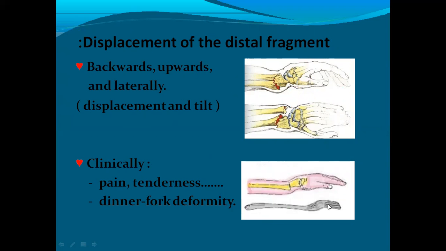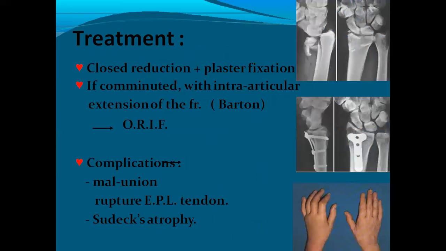It is a very common asked question also: in which fracture is there a dinner fork deformity? Treatment is closed reduction or open reduction depending upon the severity of the fracture. Complications are again malunion, rupture of tendon, and Sudeck's atrophy.